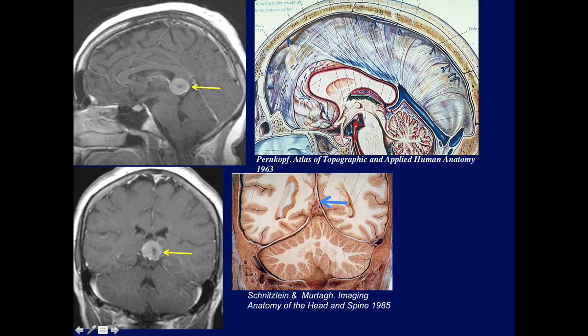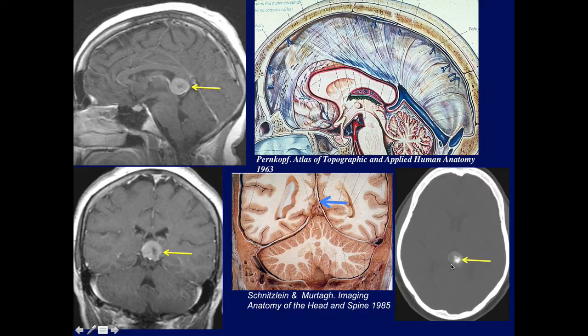Also, if you look here, at this whole region, this is where the pineal sits, right behind the back of the third ventricle. So here we have this lesion. So this would be pineal region lesion also at the falcotentorial junction. So what is that?